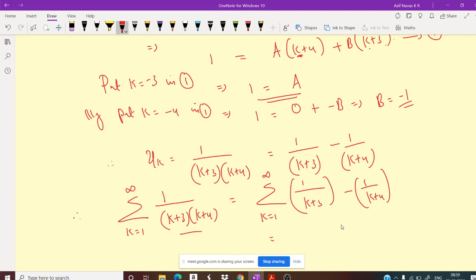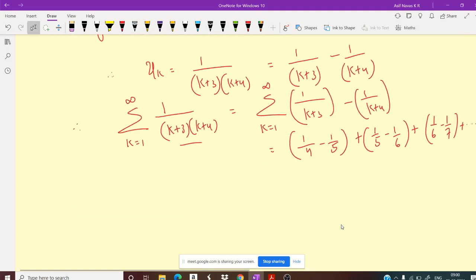So this is equal to, for k equal to 1, you will get 1 by 4 minus 1 by 5 plus 1 by 5 minus 1 by 6 plus 1 by 6 minus 1 by 7 plus etc.